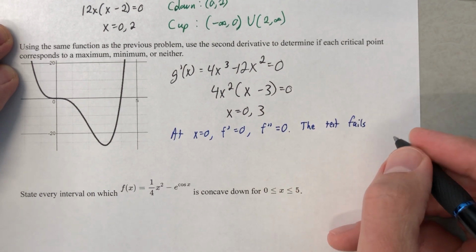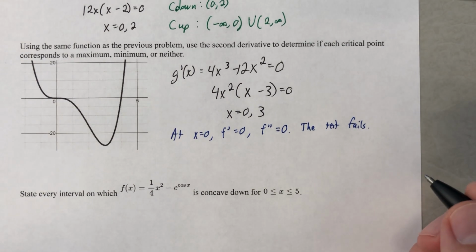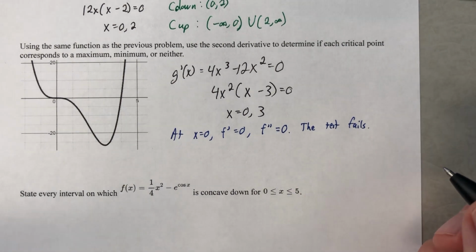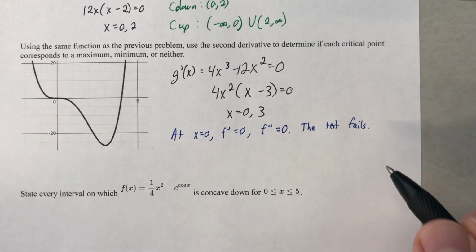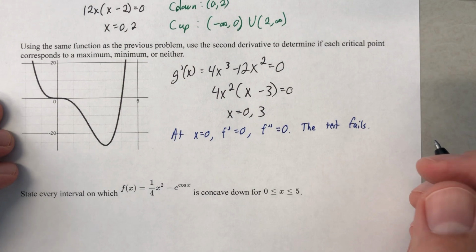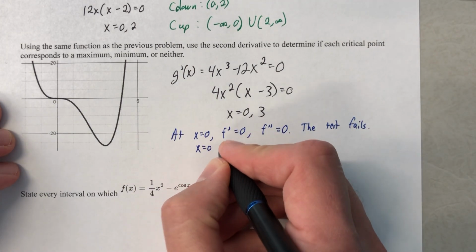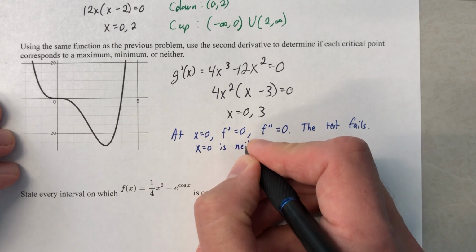From the graph, we know this point is neither. And this is a really good indication that, generally, in my head right now, I can't think of an exception to where you would ever have a maximum or a minimum where the test fails. So this would be neither. So x equals 0 is neither.